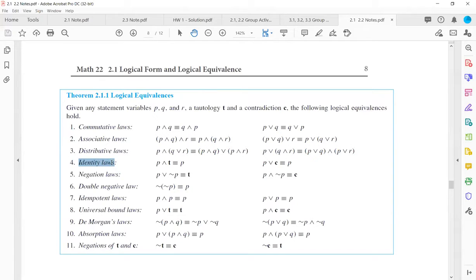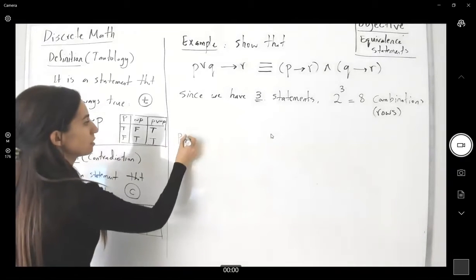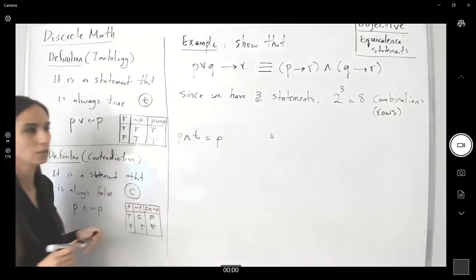The fourth, identity laws. If you combine P and a tautology, it's always P. If you combine P or contradiction, it's going to be always P. So P and a tautology is P. P or contradiction is also P. So P and tautology is always P. Any tautology works.